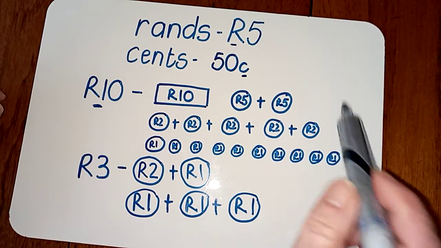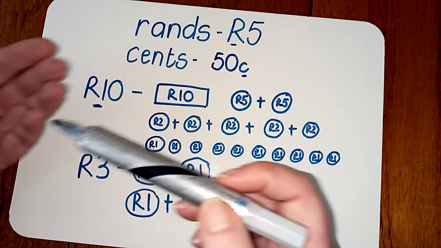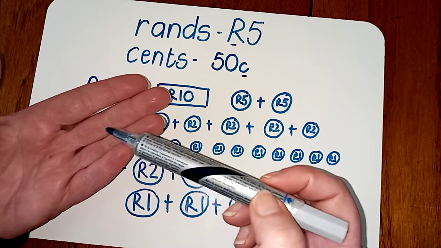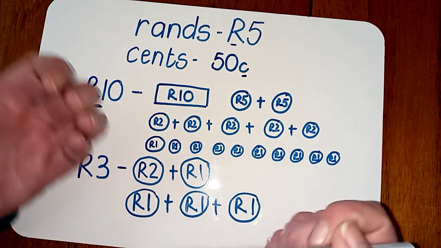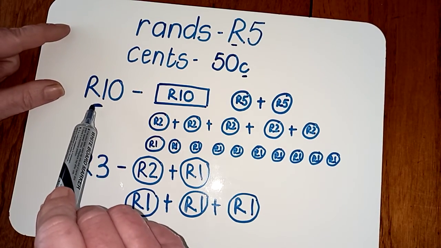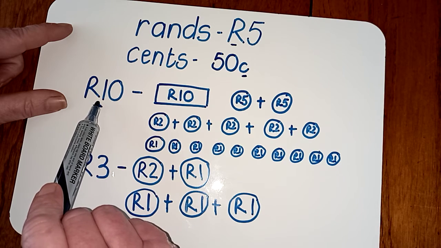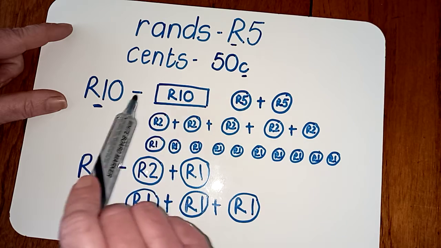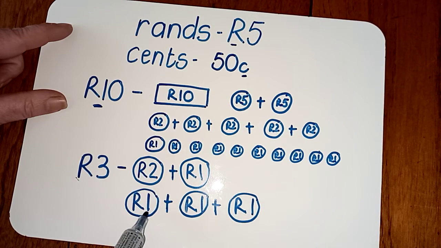So this is what we're going to look at this week, is I'm going to give you a price and then you're going to tell me what South African money you could have in your hand to give to the shopkeeper or the cashier. That's the person working at the till. So in this case, there are different ways you can do it. With 3 rand, there were only 2 ways.